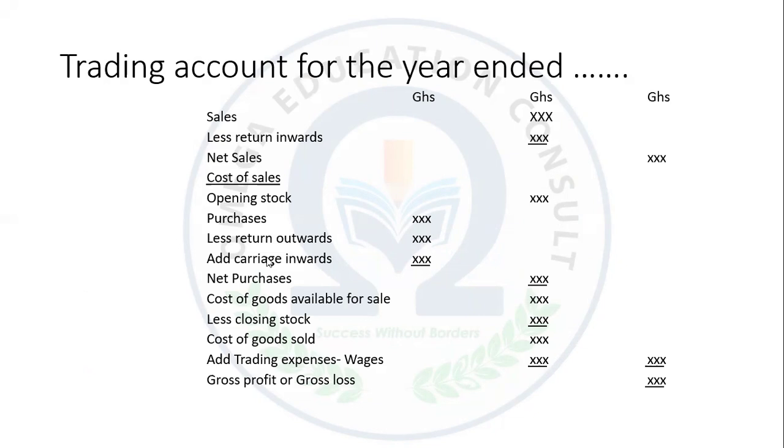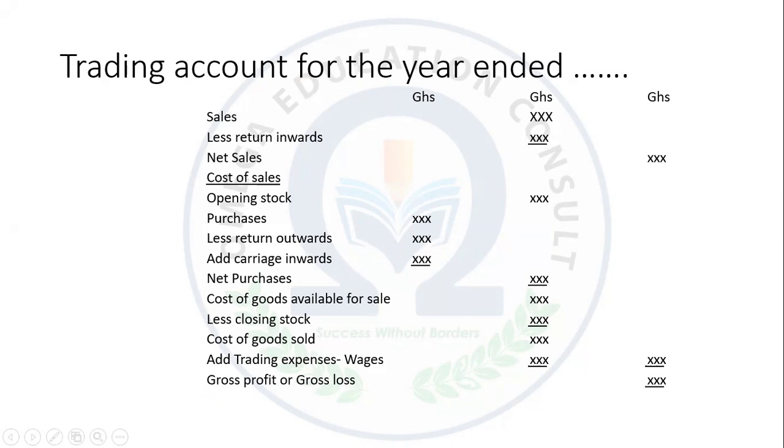So some of the items may not be available. If they are not available, you don't need to include them at all. So let's take, for example, the business did not have any return outwards and carriage inwards. Then immediately you bring your opening stock, your purchases will come straight under it because there's no need for you to go and determine any net purchases.